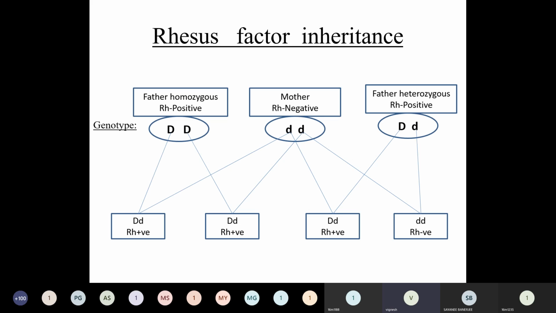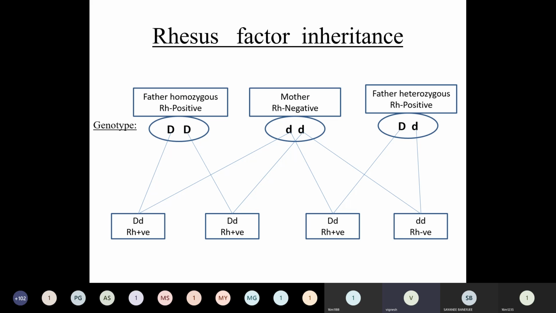So this is a flow chart to describe how the Rhesus factor is inherited. So the mother here is Rh negative. The father is homozygous positive, which is to the right, and to the left is father heterozygous Rh positive. So what are the chances?